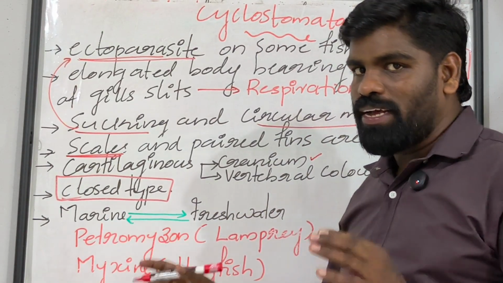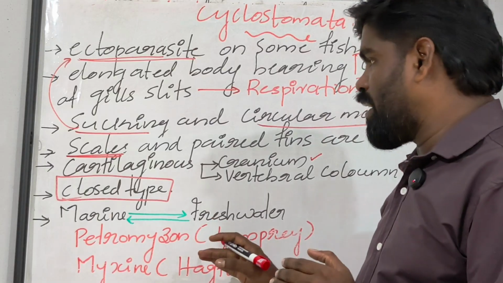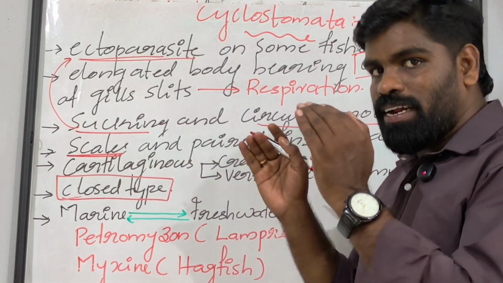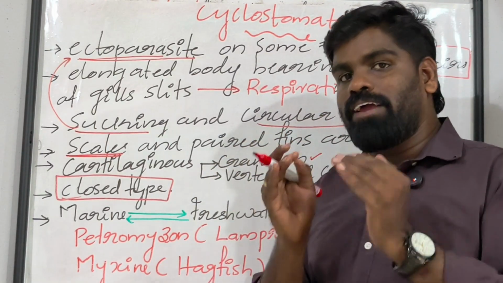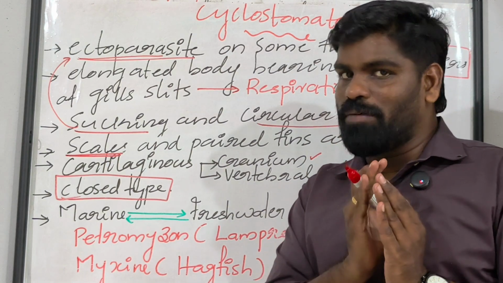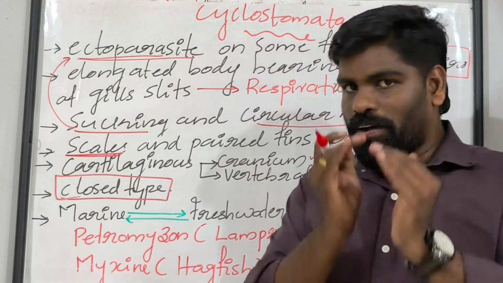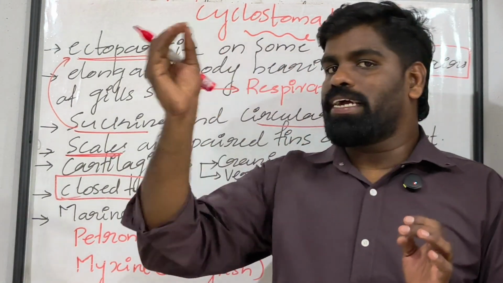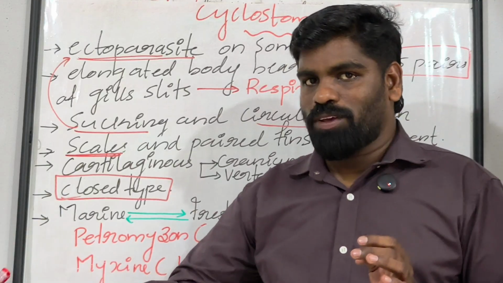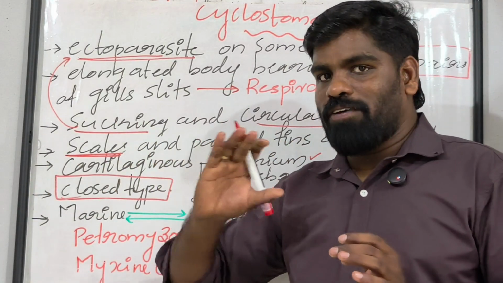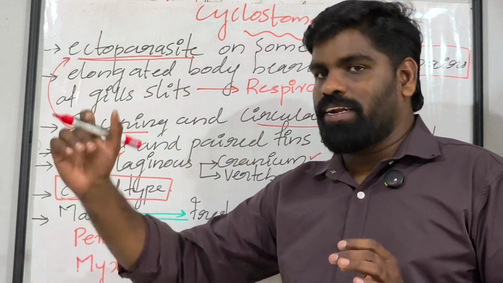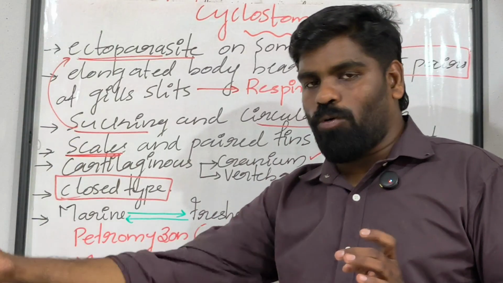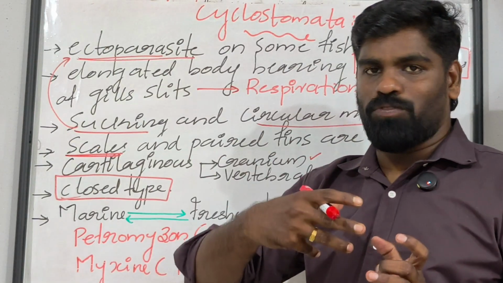Keep this in your mind. In Cyclostomata, life starts from fresh water and they migrate into marine water. The entire adult life they spend in marine water, and for spawning they again come back to fresh water.